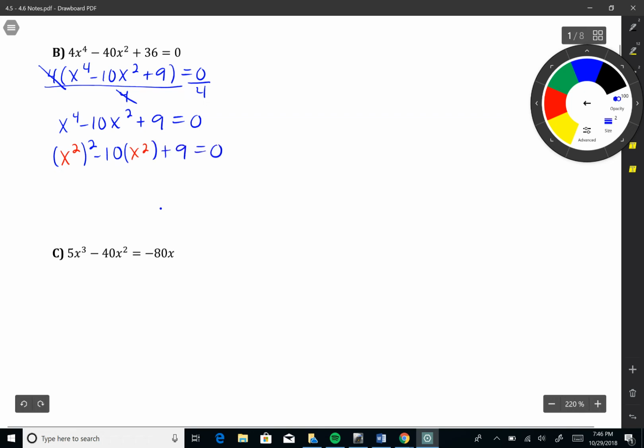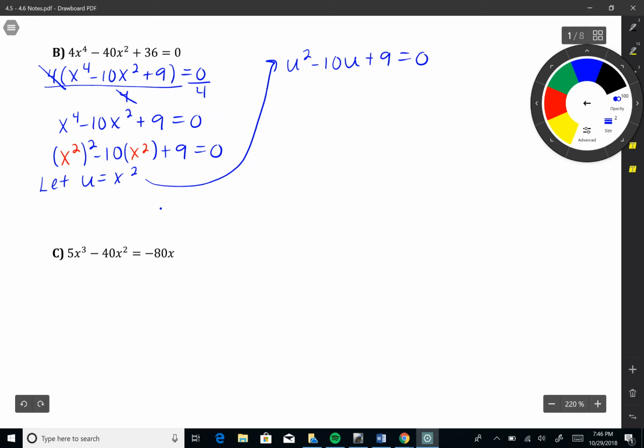In addition, that x squared is the variable in my middle term. So in place of x squared, I can say, let u equal x squared. I can write this equation using u's to make it easier to factor: u squared minus 10u plus 9 equals 0. Now I can think of it as a quadratic trinomial and ask myself, what multiplies to positive 9 and adds to negative 10?